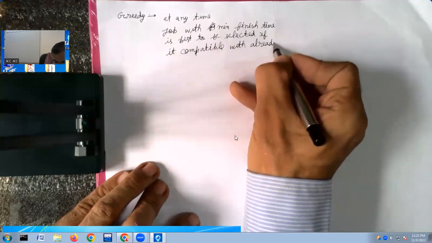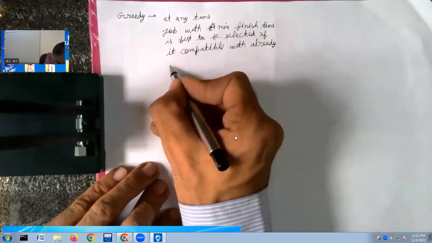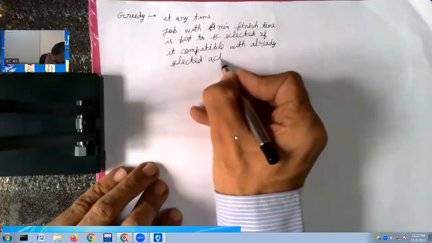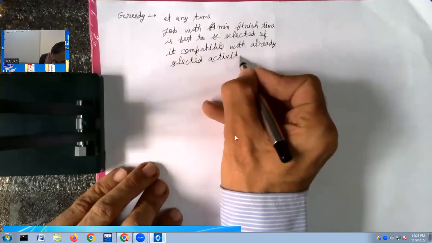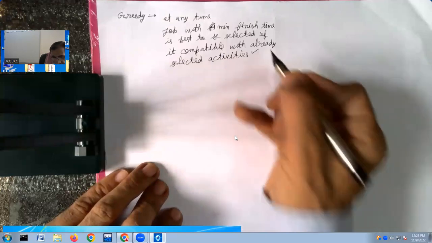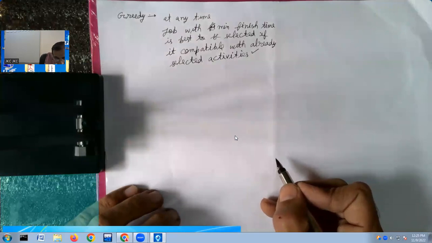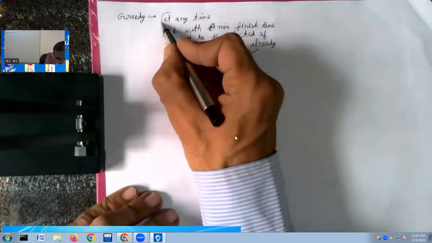Of course, that has to be there, only then it is worthwhile. And those activities which have already been selected, I claim that they were already the best. Hence, there was no question of repeating or replacing them. So this can be another way.